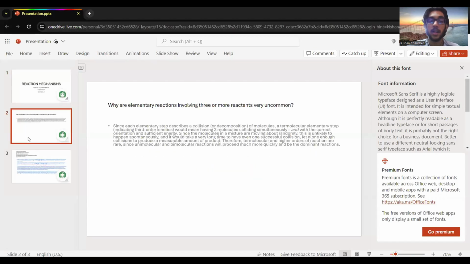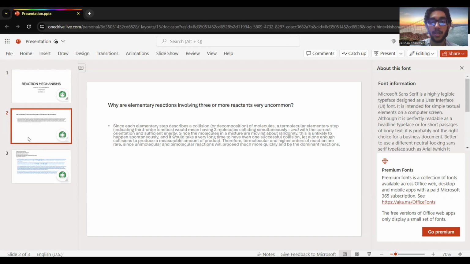The first question is, why are elementary reactions involving three or more reactants very uncommon? Okay, since each elementary step describes a collision or decomposition of molecules, a termolecular elementary step would mean having three molecules colliding simultaneously and with the correct orientation and sufficient energy.